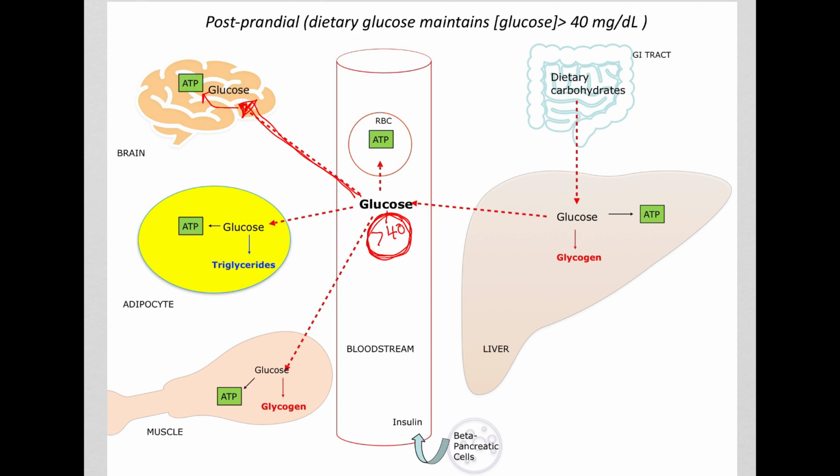Otherwise, we'll get into a coma. So after a meal, the glucose from your diet will be used to maintain your blood glucose greater than 40.